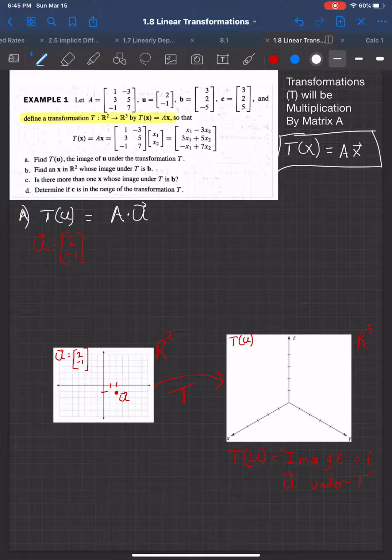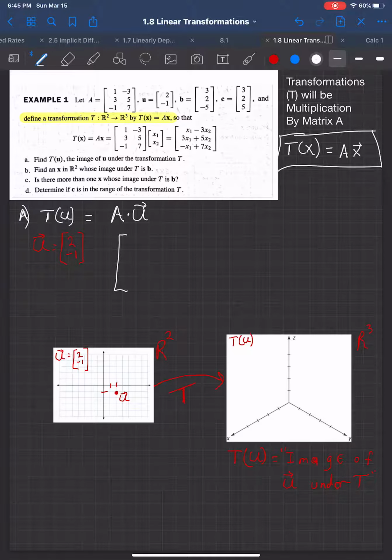You can think of x as the set of all vectors, whereas U is just a specifically defined vector. So, all right, A times U. Let's speed this up a little bit.